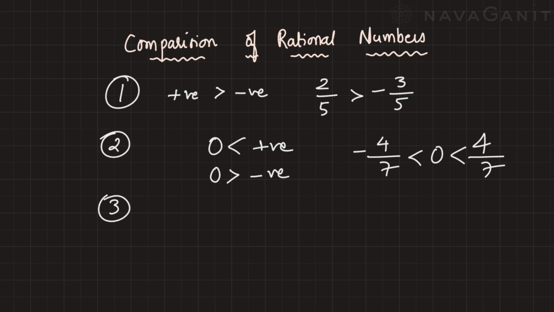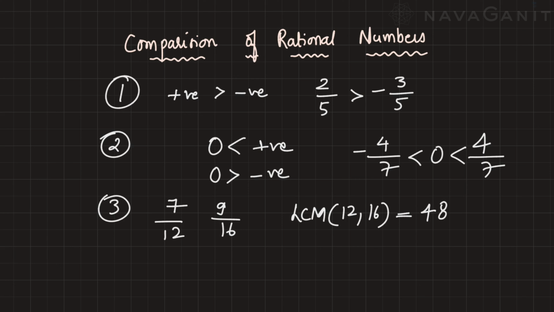Thirdly, whenever we are comparing say two positive rational numbers, let us see an example. Say we have 7 by 12 and 9 by 16. So to compare these two, we first find the LCM of 12 and 16, which is 48.